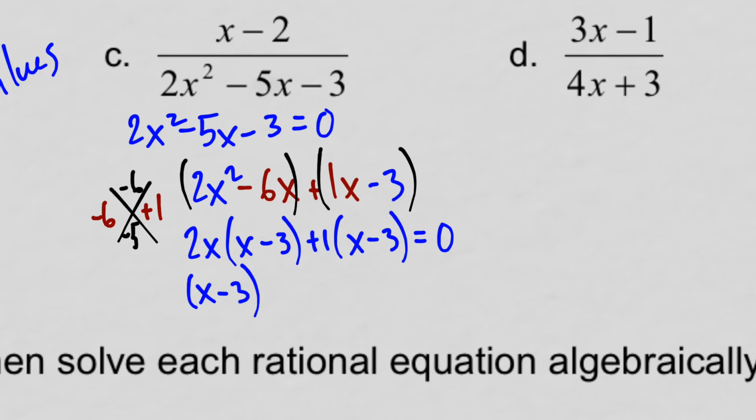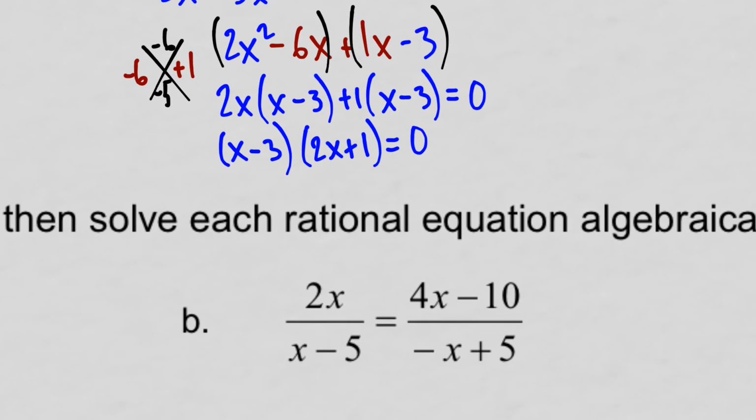Both of them have x minus 3. And the other remaining part is 2x plus 1. Set each equal to 0. Solve them both. You guys can do that in your head almost completely, always perfectly. X equals 3 and x equals negative, because you have to subtract the 1, 1/2.